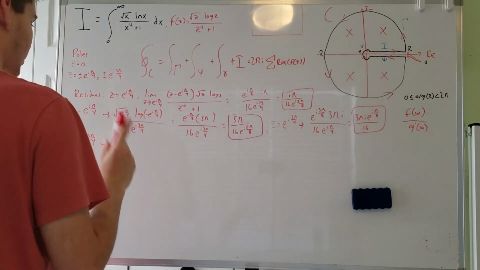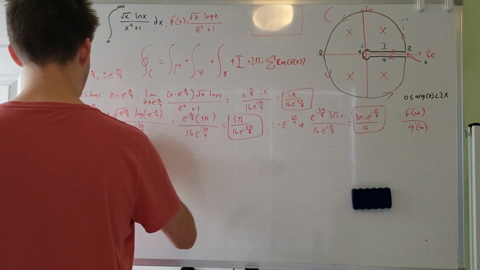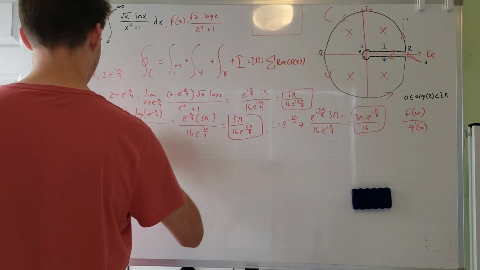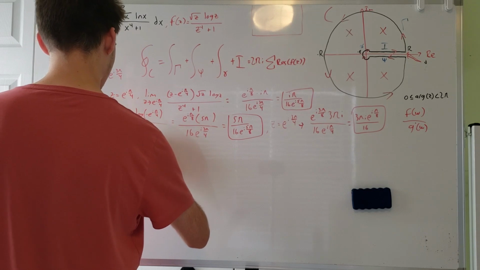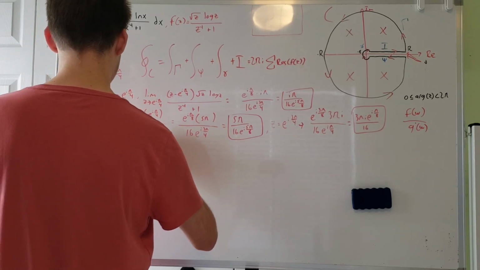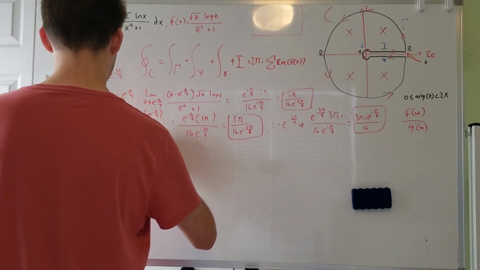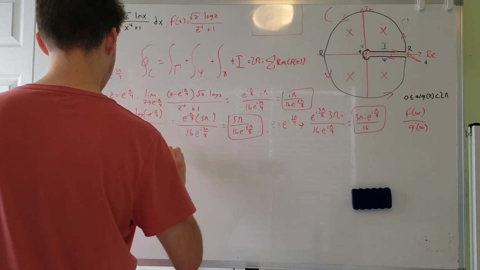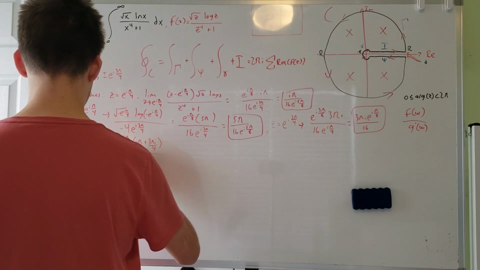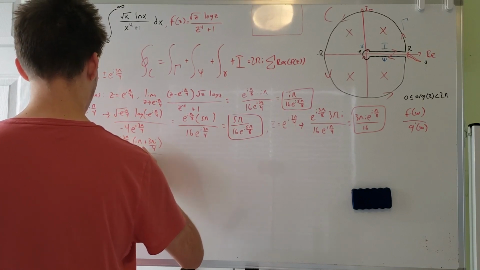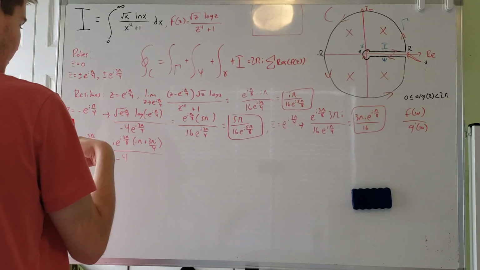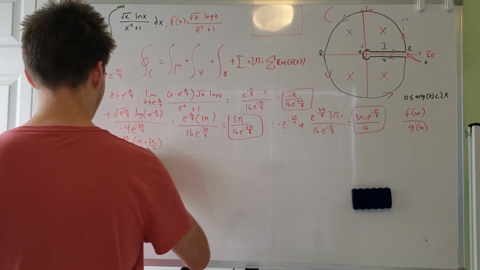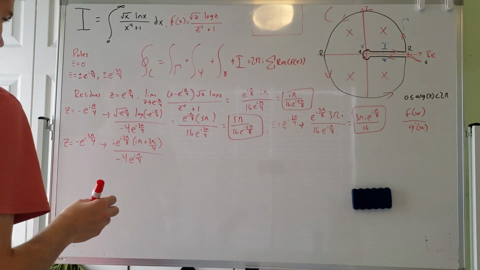Now for z equal to negative e to the i 3 pi over 4. So when we do the square root again, we're just going to get i e to the i 3 pi over 8. And then the logarithm, similar to before, will just be i pi plus 3 pi i over 4. This is going to be minus 4, and then we still have to do the same subtract 2 pi thing from the angle, so I'm going to have e to the i pi over 4, I believe.